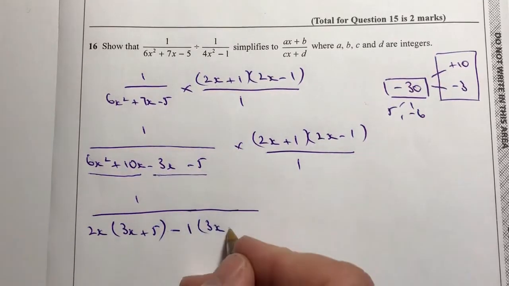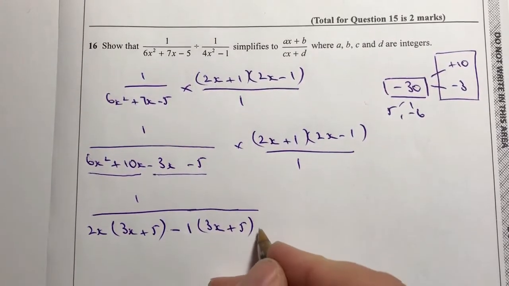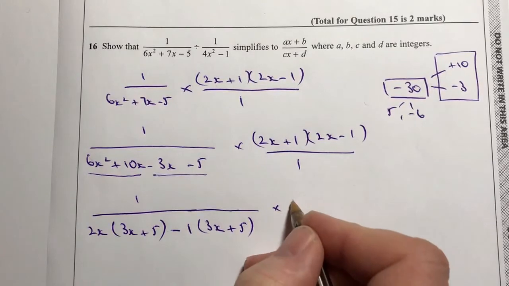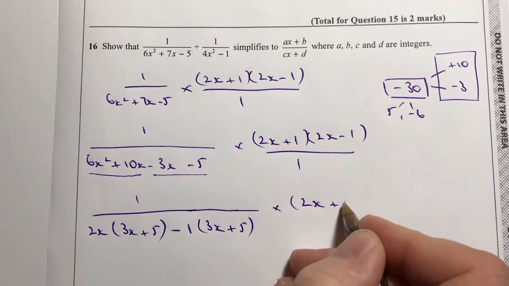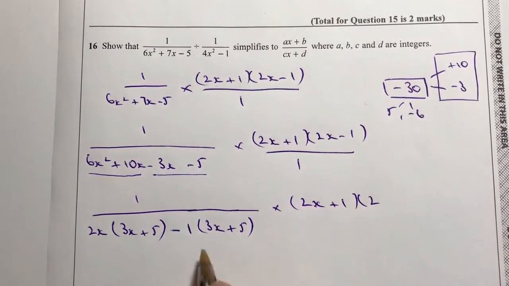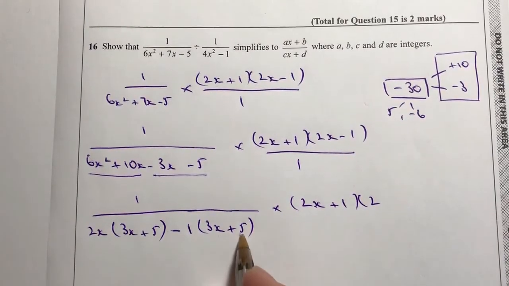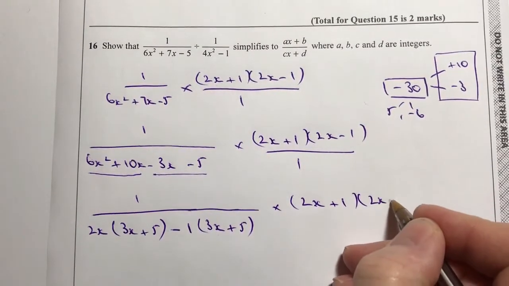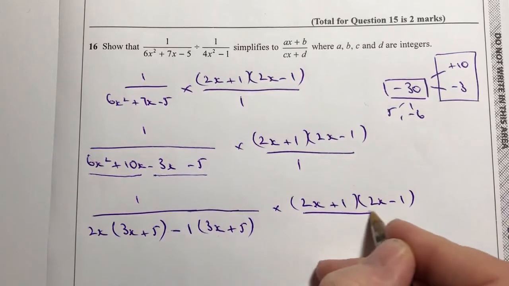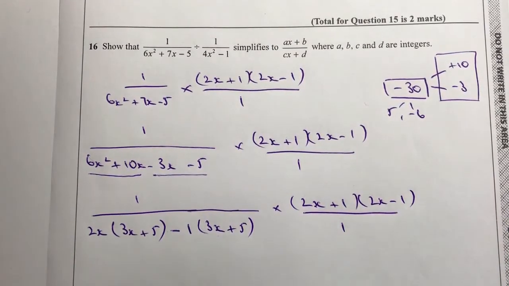Well, that's going to be plus 5. And really what you need with these is to be in a position where there is a common bracketed set of terms, okay, because the next stage then is to factorise this by gathering them together.